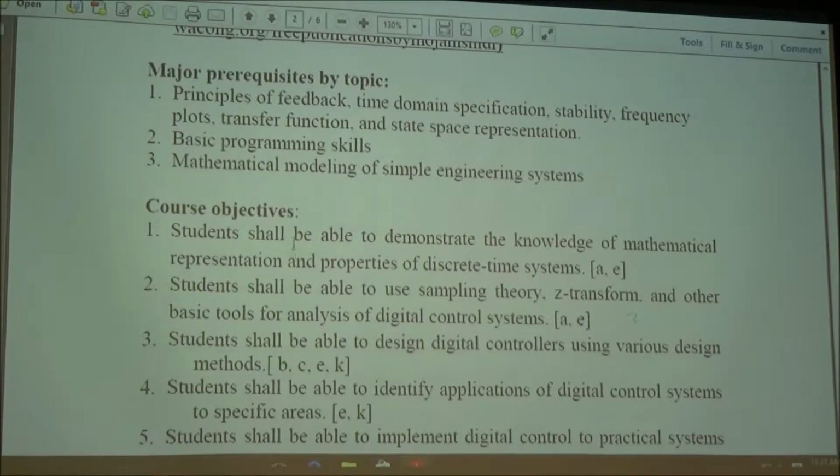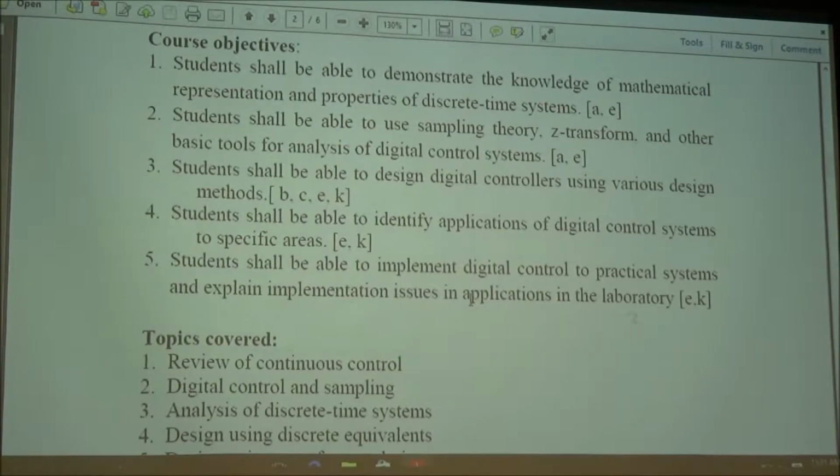The course project objective is to demonstrate the knowledge of mathematical representation and properties of discrete time systems, and these are the main approach.